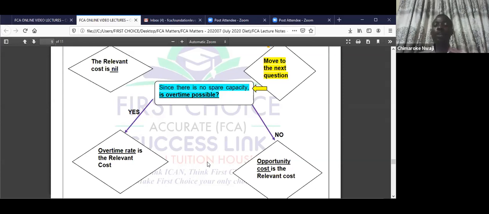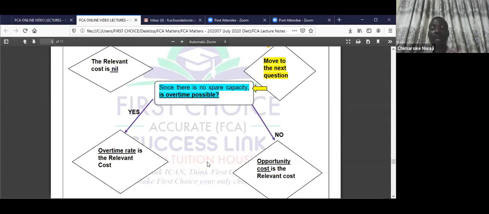What is the opportunity cost here? Now, because that one-off contract is important to your organization, you may stop doing whatever you are doing right now to go and join them in doing that one-off contract.